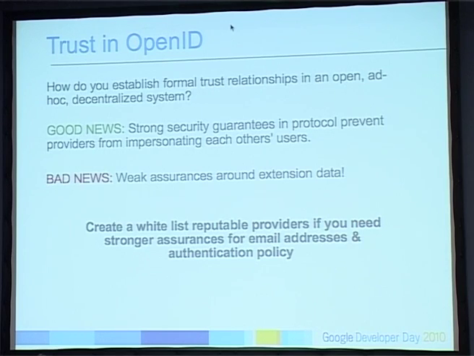So you know that Google is going to do the right thing, Yahoo is going to do the right thing, and LinkedIn, and so on. In those cases, if you get a response back, you can say, I will trust this value on face. If you get somebody logging in through a provider that you've never heard of before, and you have no relationship and no knowledge about them, then you would want to fall back on traditional techniques for verifying information. So send a confirmation email that requires them to click through and prove that they own that address.